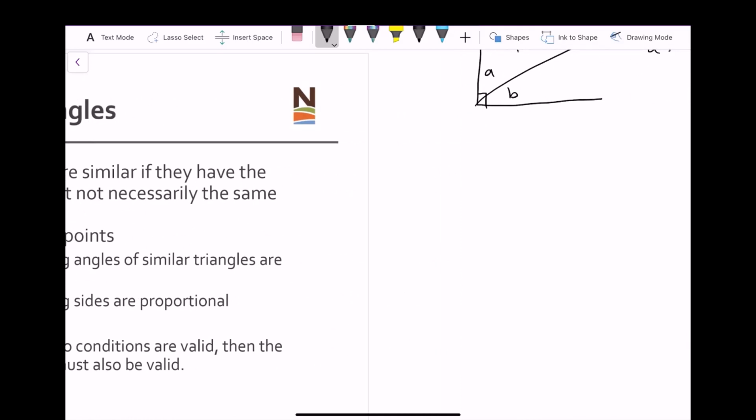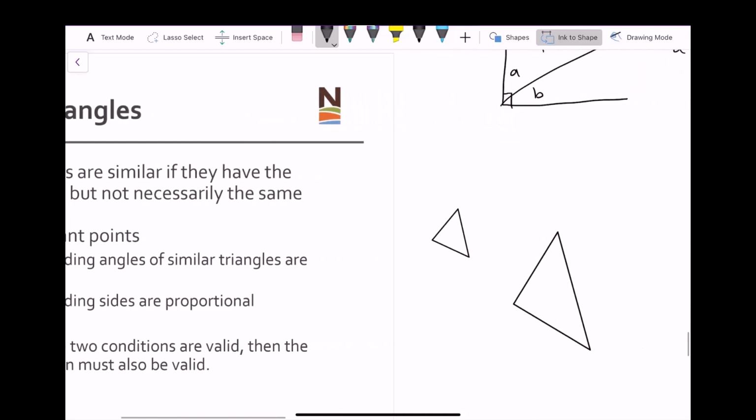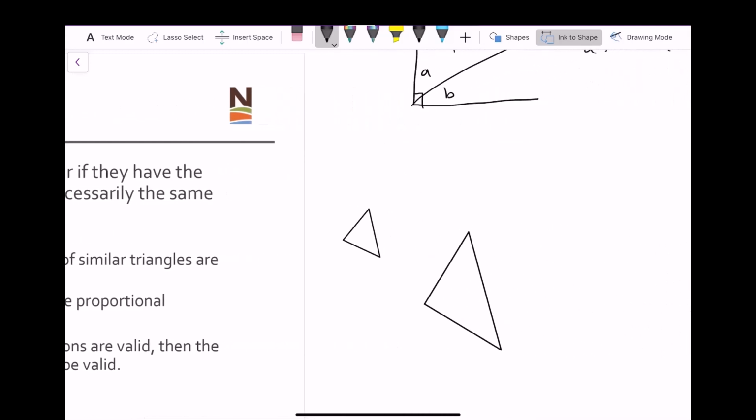So what I mean by this is, let's say we have a triangle like this, and we have a triangle like this. Are these triangles equivalent? No, but they may be considered similar triangles.